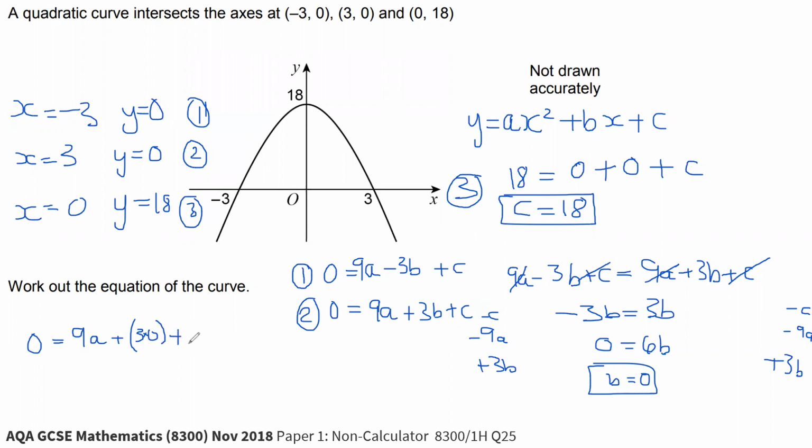And again, we know that c equals 18 at this point. So now you're going to notice that we've ended up with 9a plus 18 equals 0. So from that, you're going to end up with minus 18 equals 9a. And then hopefully you realise from this that we can get a equals minus 2.